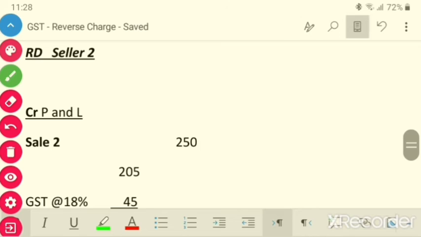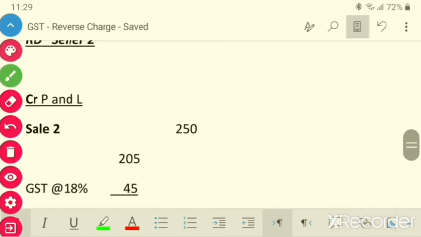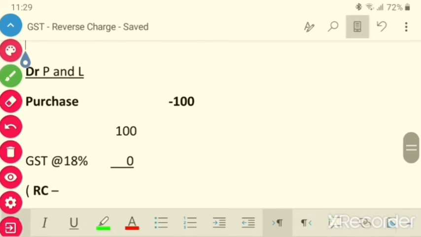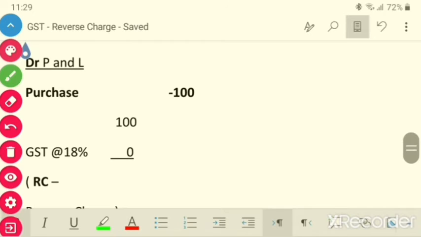Now, seller 2, let us look into profit and loss account or income statement. He is selling at 250. In that, 45 is GST component, 205 is without GST. On the debit side of the P&L account, purchase is 100, GST is 0.